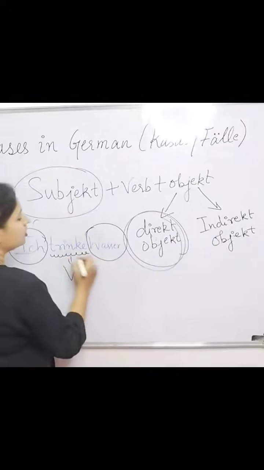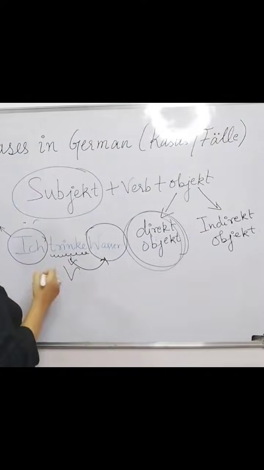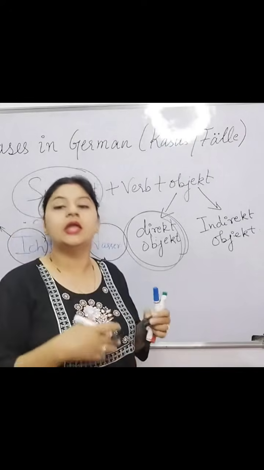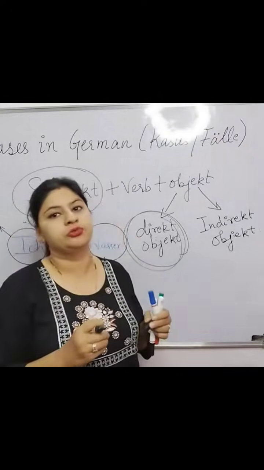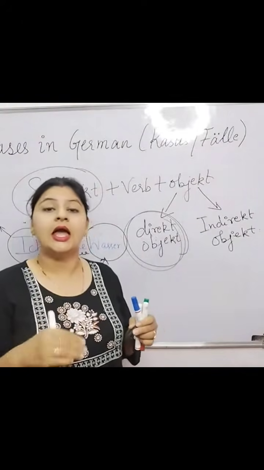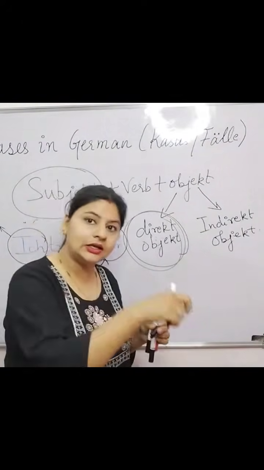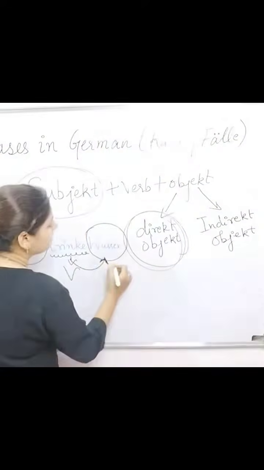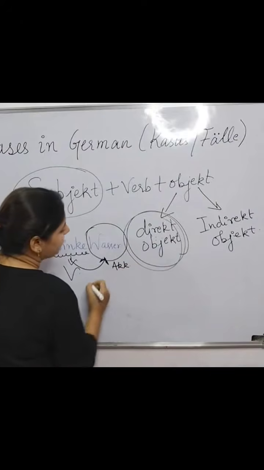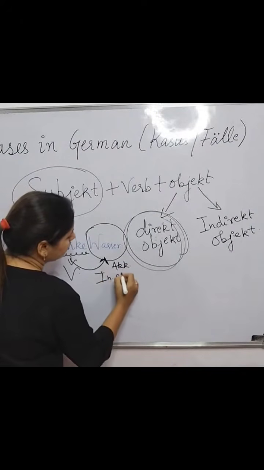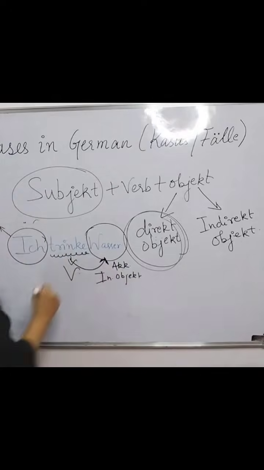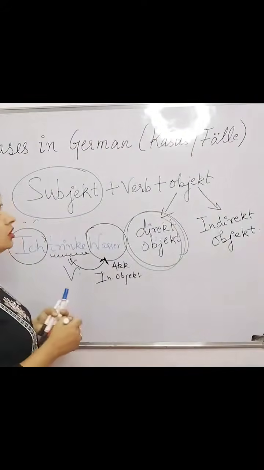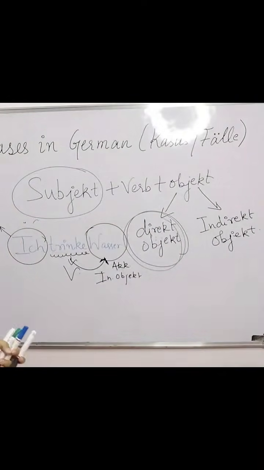When I apply an action directly to an object, then that object is called accusative, or the direct object.